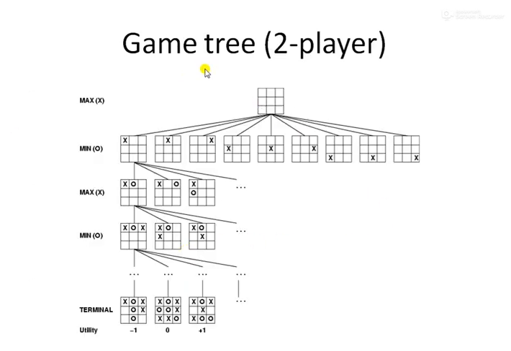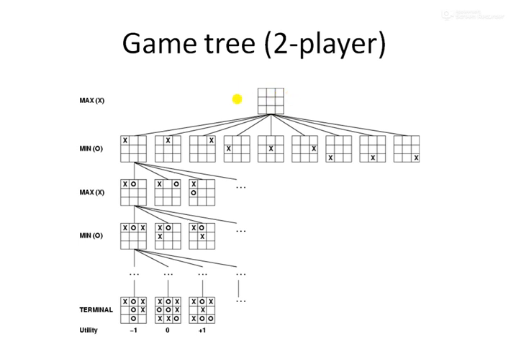So this is a game tree of 2 players, and as I mentioned, max is the computer program and min is the opponent. This is an example of the tic-tac-toe game where the computer is trying to play the game with a human being. So in the root we have the initial state, that means the 3 by 3 matrix, which is empty, right?